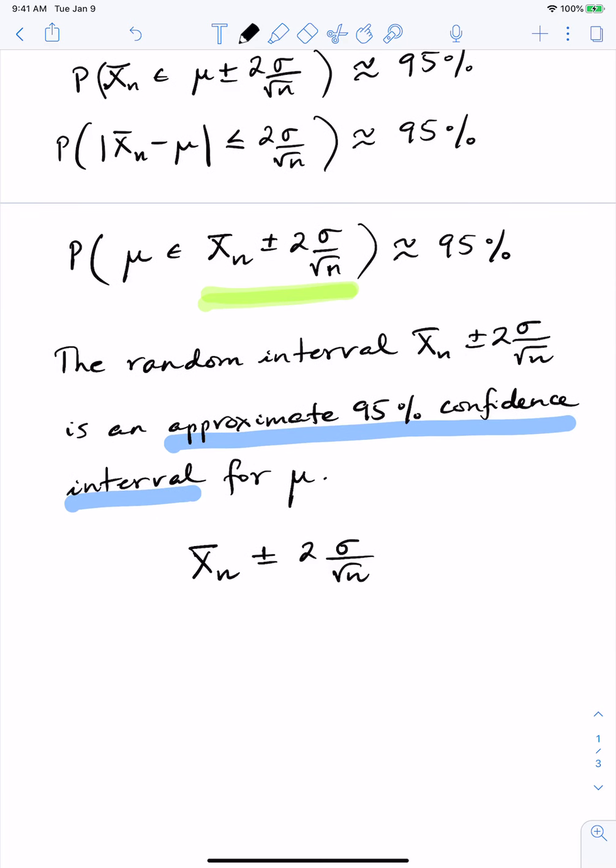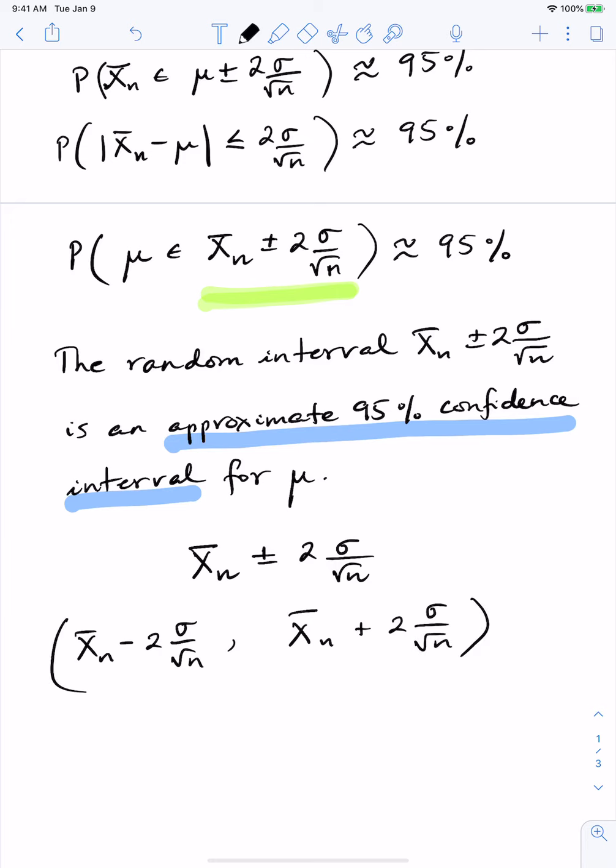And in the end, the interval, therefore, is the sample mean minus 2 measures of spread to the sample mean plus 2 measures of spread. So what is random about this interval? What's random about this interval is its center.